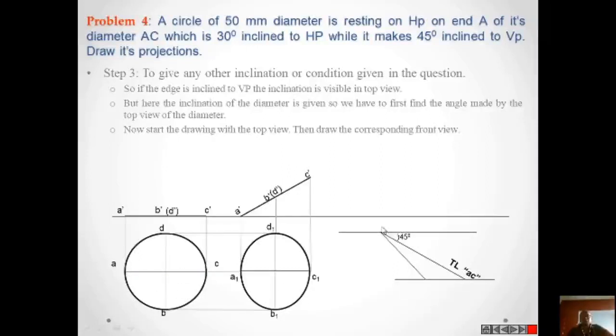Take this distance, draw at an angle of 45 degrees. Now what we have to do? You take A1C1 distance, and from here you draw an arc, you will get C1. Okay. So how did you get this C1? You have taken A1C1 distance, and from here you have drawn an arc here to get C1.